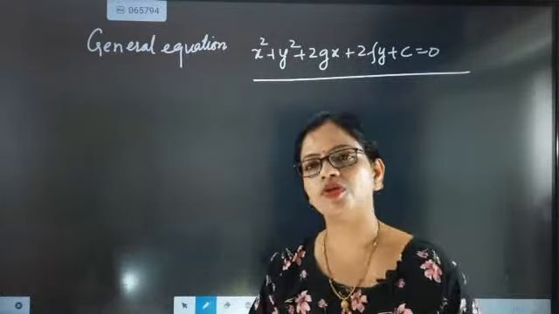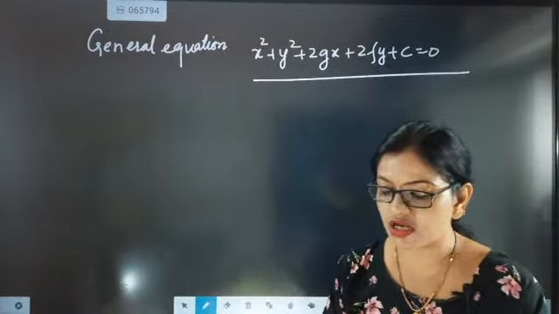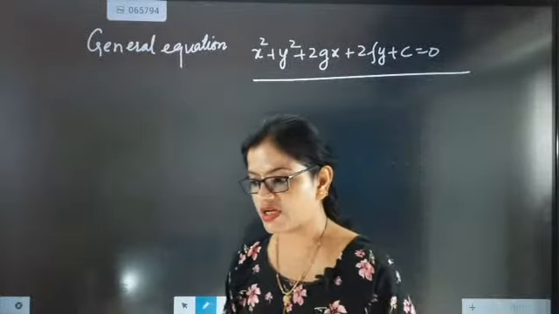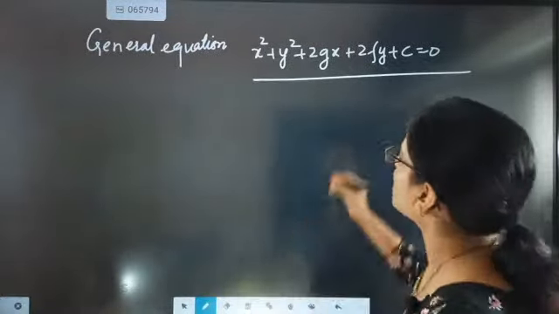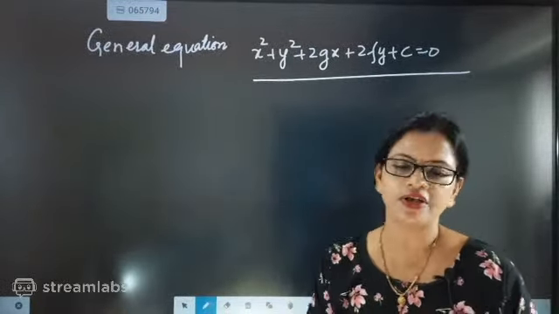I am repeating, the general equation of a circle will get converted into standard equation of a circle. Now, how can we convert the general equation to standard equation?